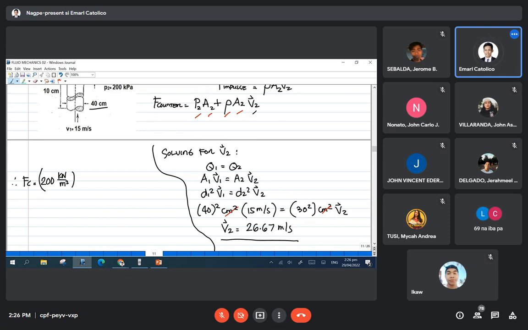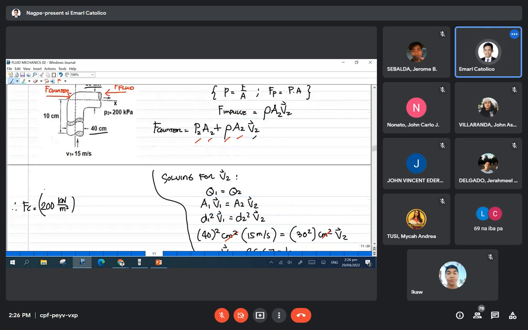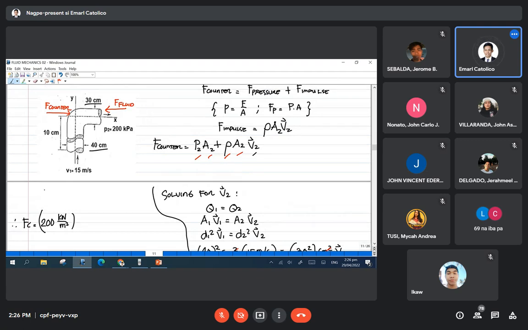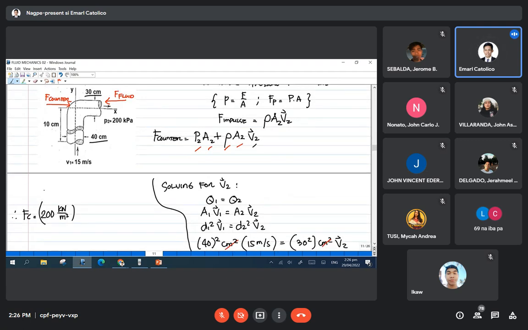Area natin at 2 is pi over 4 times 30, kasi 30 yung ating diameter. Pi over 4. So, i-divide na natin by 100 para in terms of meter squared na siya. Okay? Para ang lalabas na unit natin ay kilonewton na.